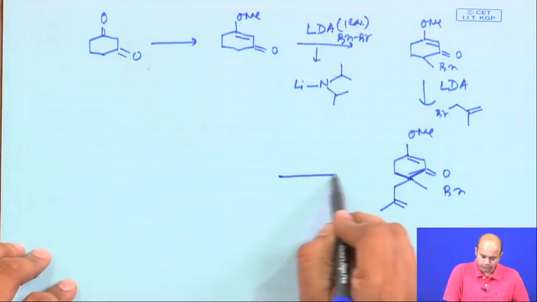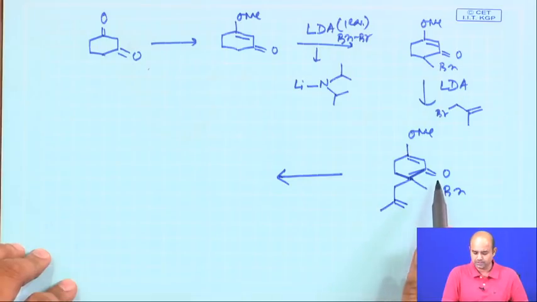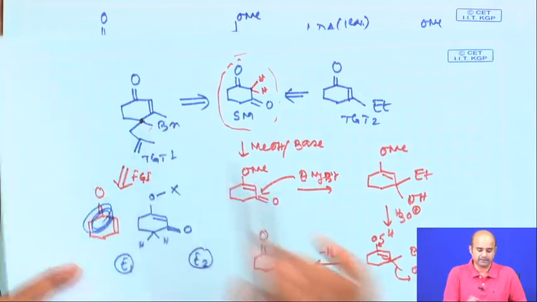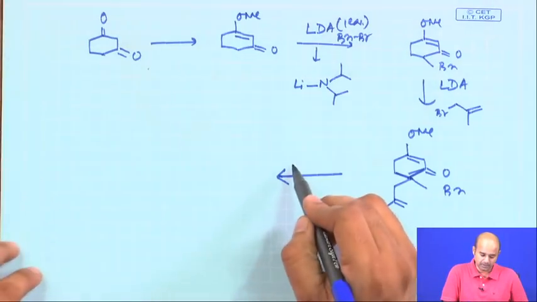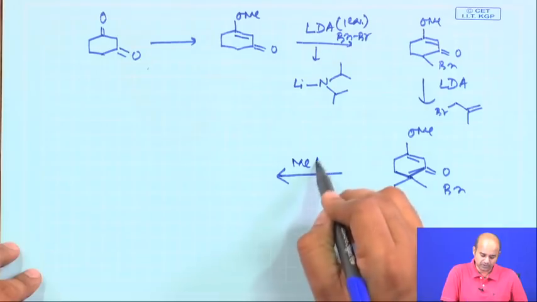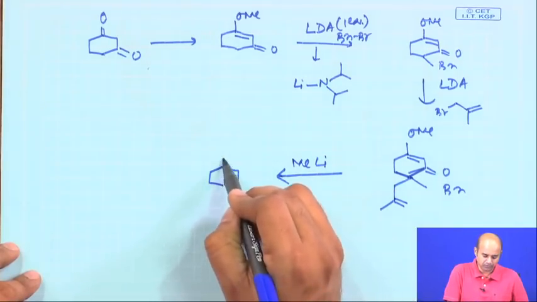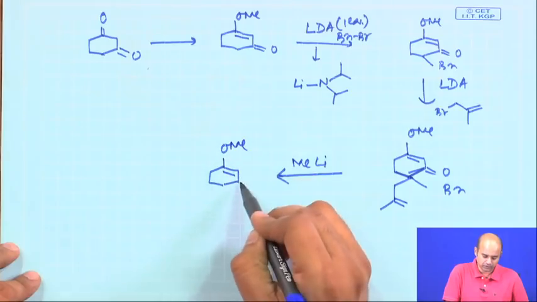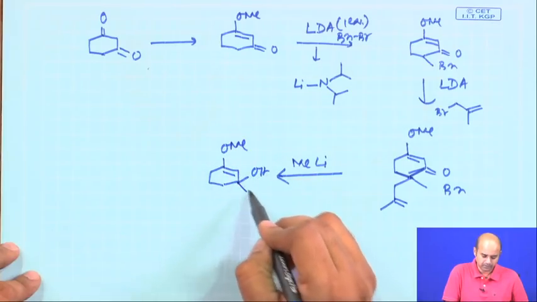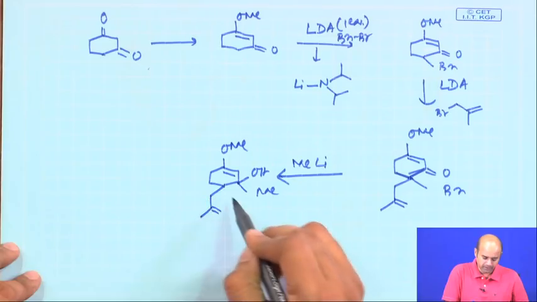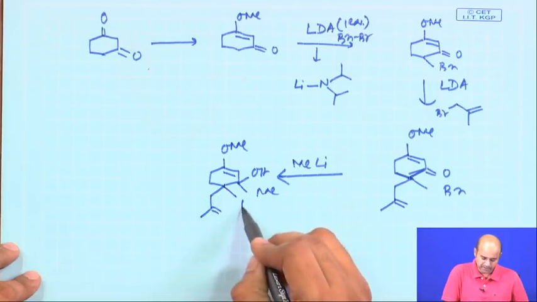So, now you have almost come close to the final structure. The target molecule needs a methyl here, so what you need to do is a similar thing: react with methyl lithium to get the methyl introduced in the proper place, and the remaining part all remains similar with your benzyl.